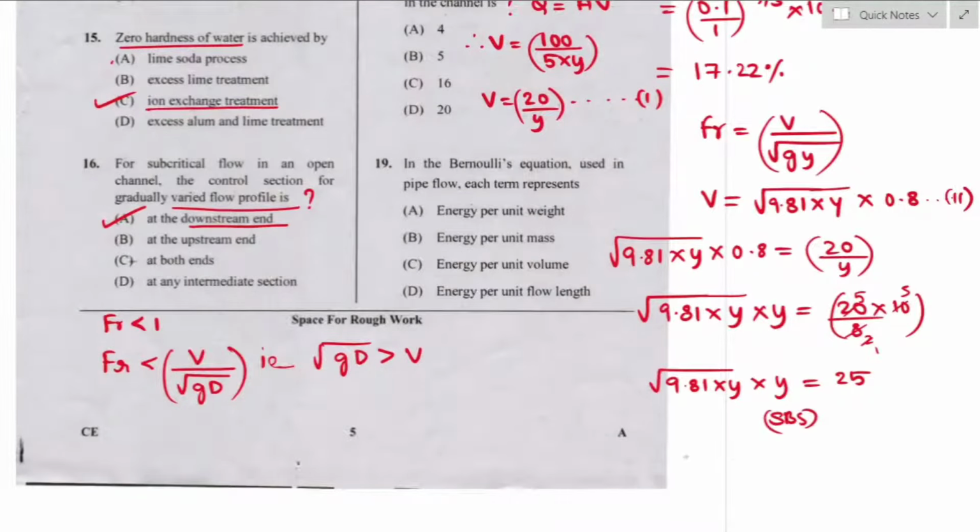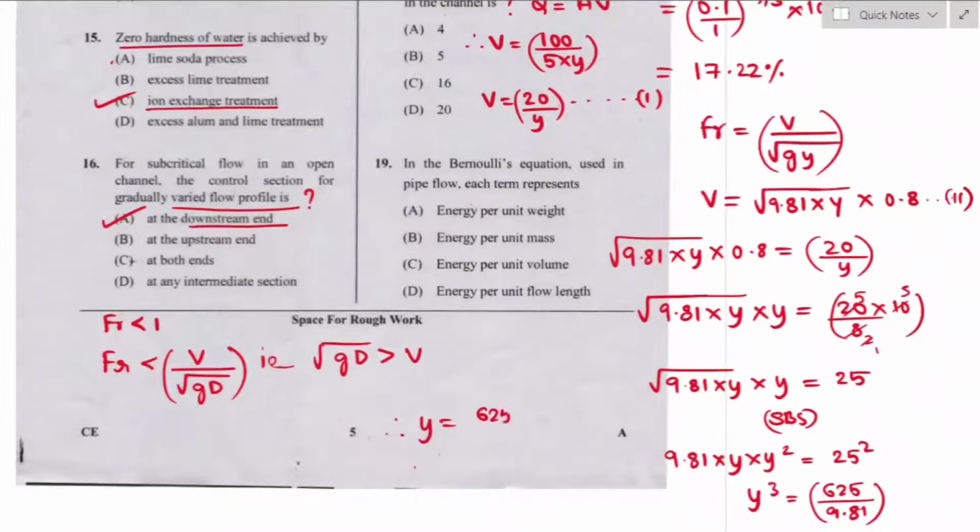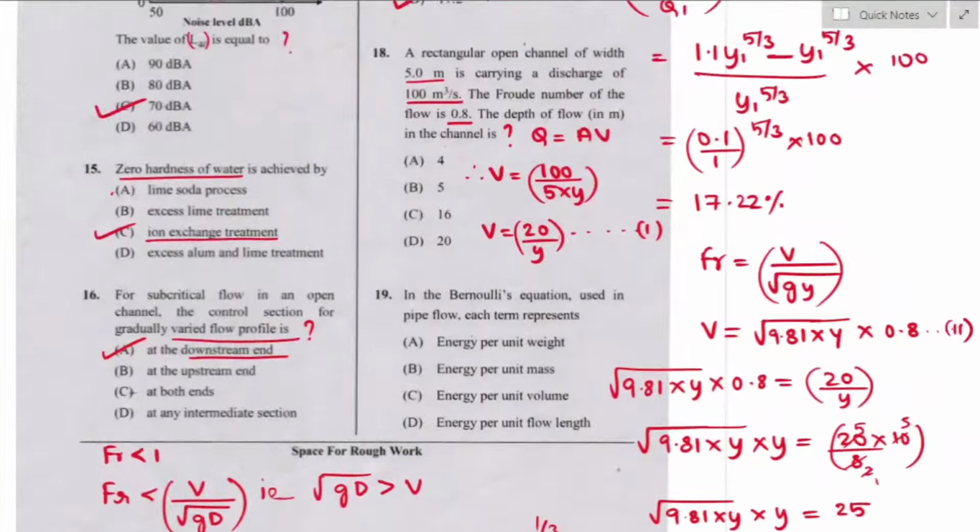Squaring on both the sides, 9.81 into y square is equal to 25 square. Therefore y cube is equal to 625 divided by 9.81. Therefore y is equal to (625 divided by 9.81) to the power of 1 by 3, which is equal to 3.99 meter, approximating as 4 meter. So the right answer is option A, 4 meter.